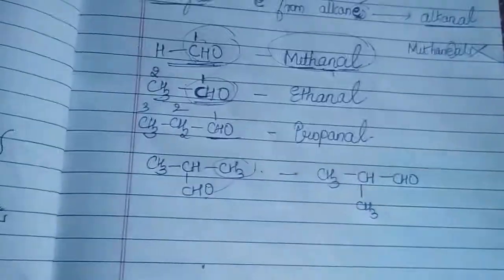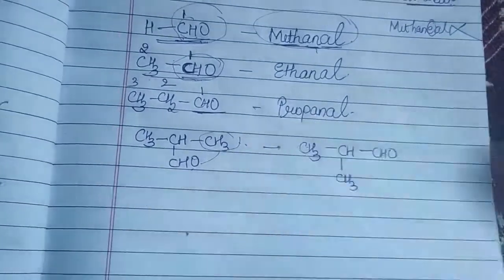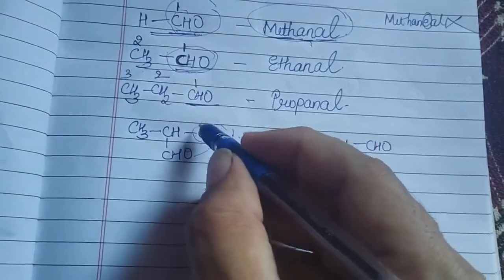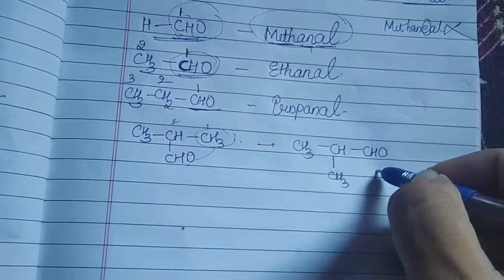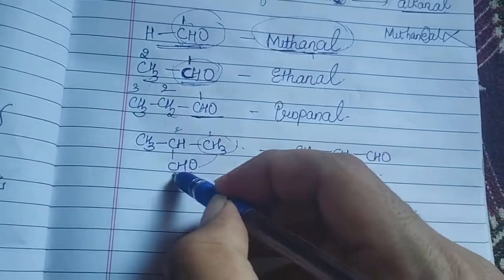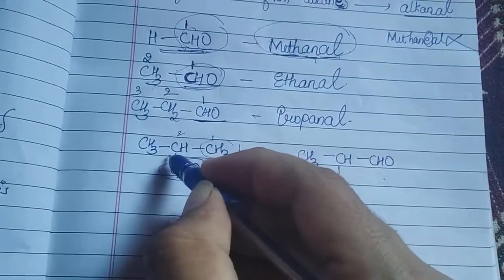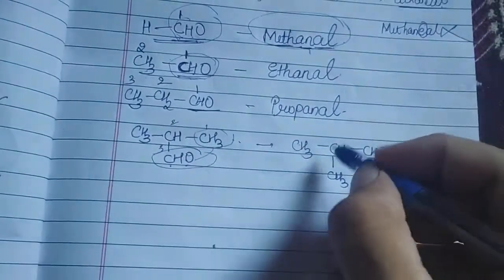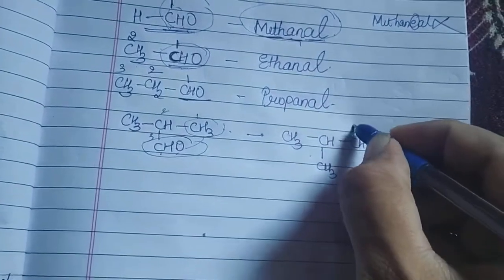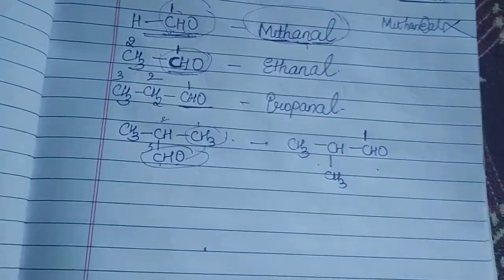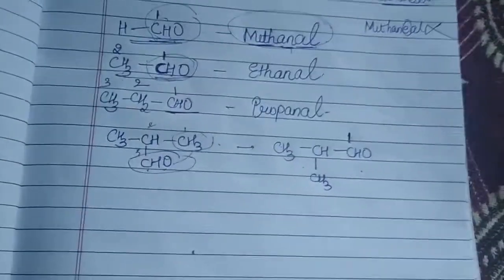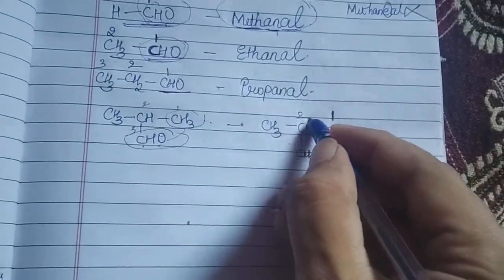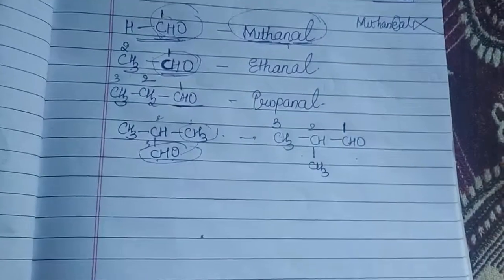If I had numbered this way, it would be 1, 2. But when I take this structure, the aldehyde, which was getting the third position, now gets the first position. That is the least possible number. So this structure is the most accepted structure. 1, 2, 3. You're getting my point.